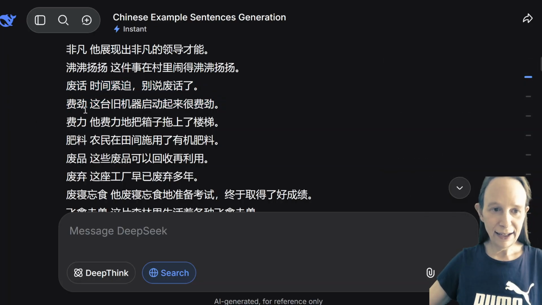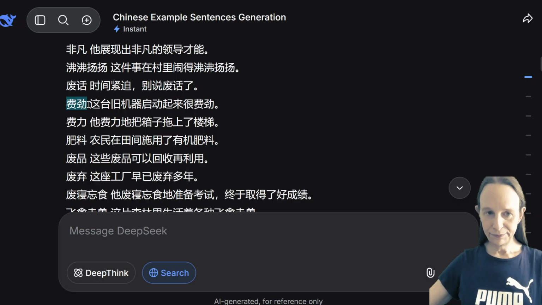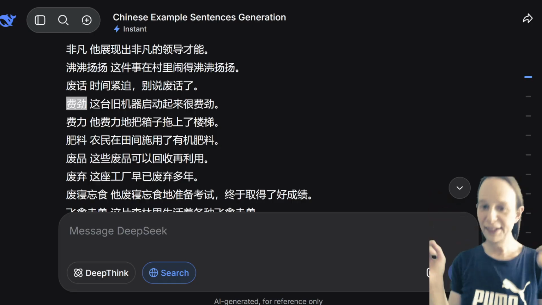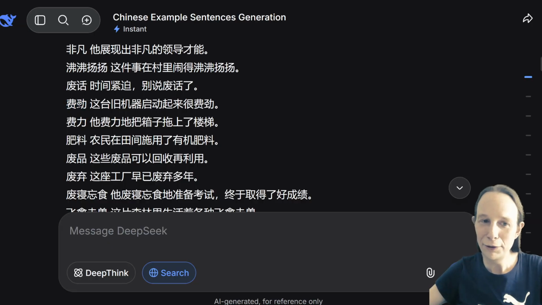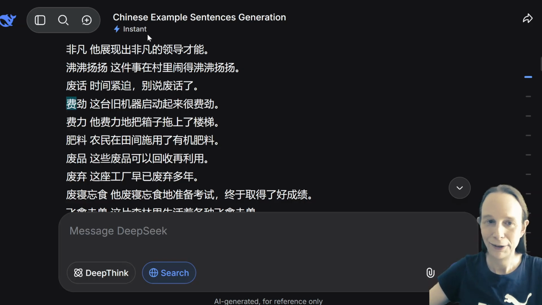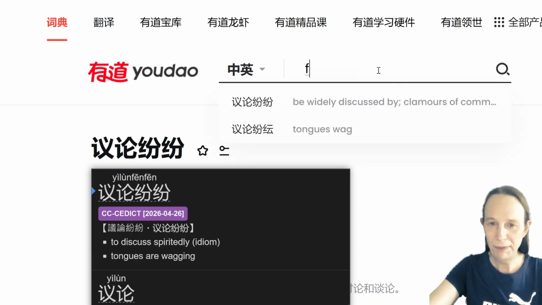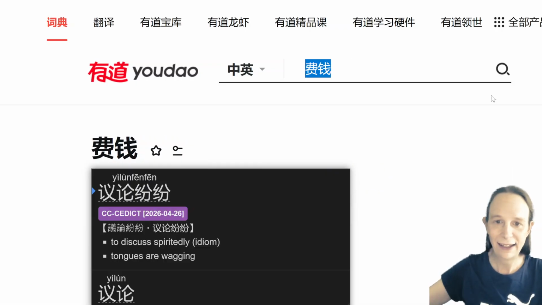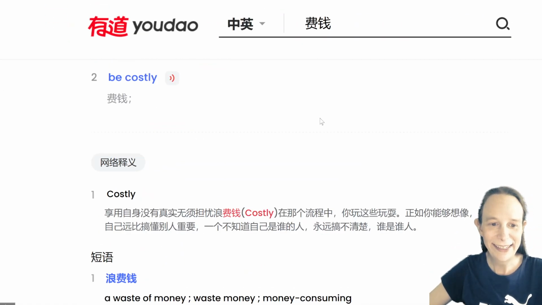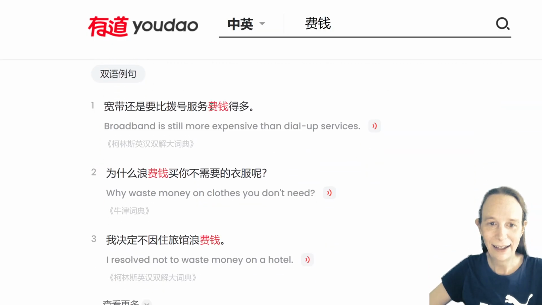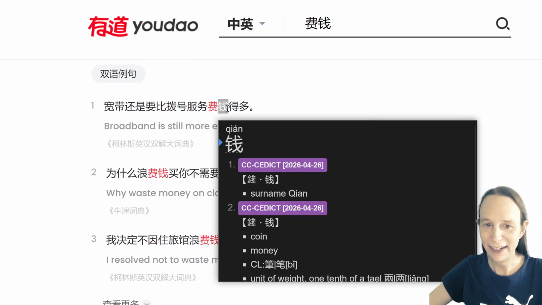All right. Fei Jin. So when fei is used as a suffix, it means to use or to spend or expend. You probably know fei qian. Spend money. Cost a lot. 浪费钱. Yeah, 费钱 is a word, right?